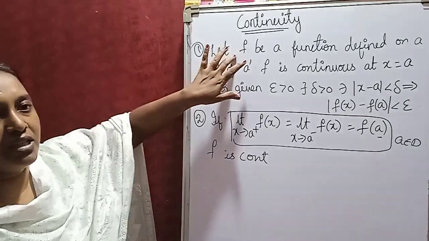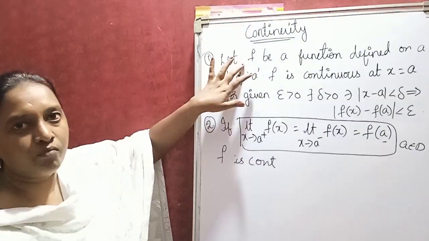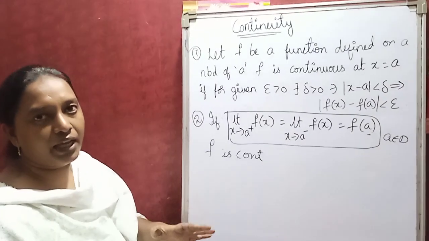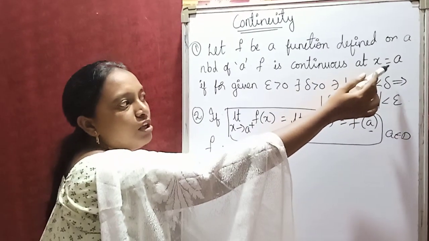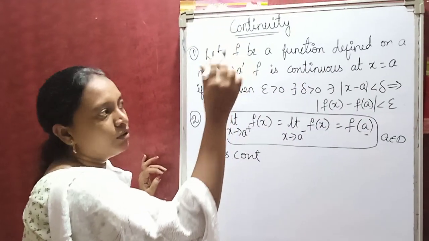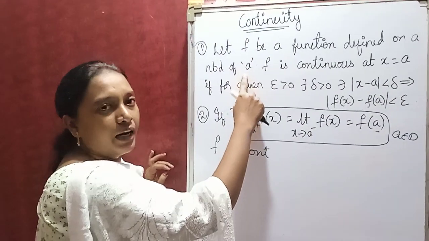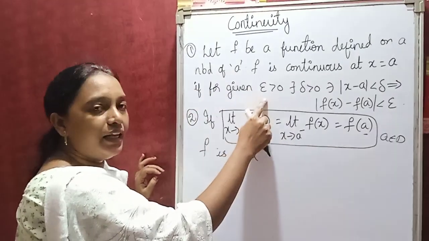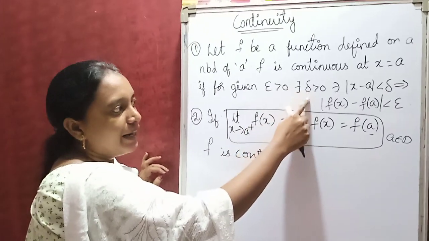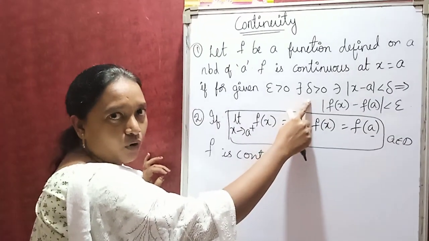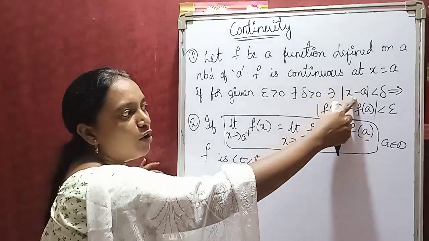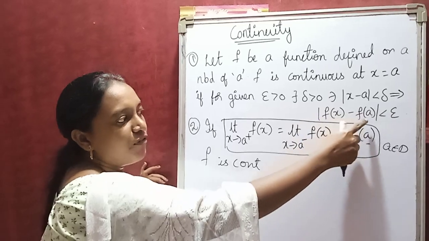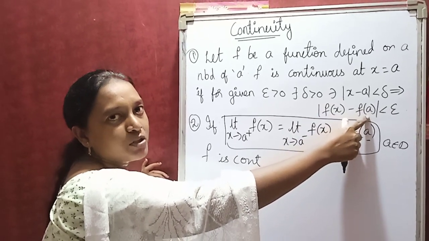A function f is said to be continuous if f is defined on some neighborhood of a, that means a belongs to the domain of f. So f is said to be continuous at a point a if for any given epsilon there exists delta greater than 0 such that mod of x minus a less than delta implies mod of f of x minus f of a less than epsilon.